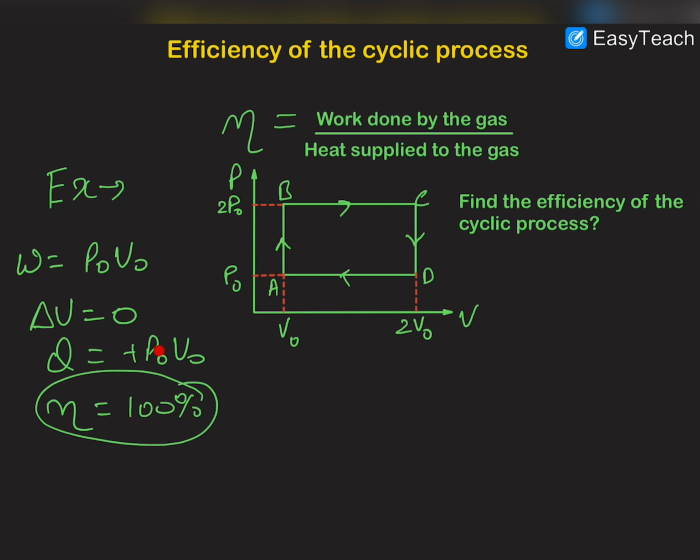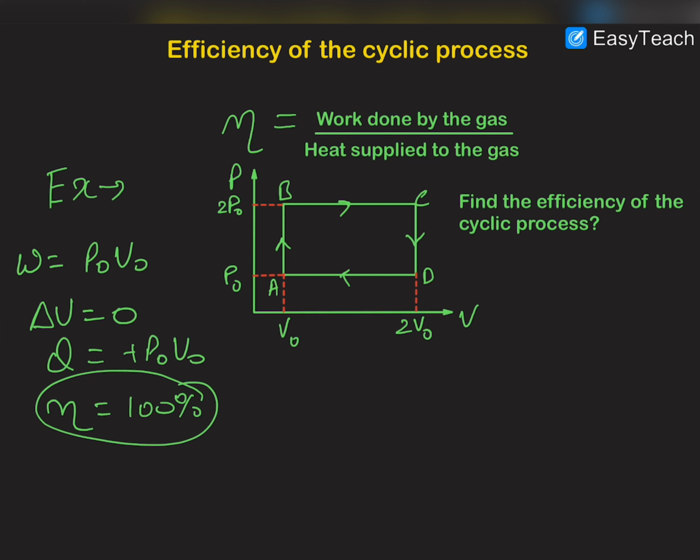In fact, this is the net heat supplied to the gas. For example, if in this cyclic process I have supplied 6 P0 V0 heat to the gas and I have released 5 P0 V0 heat, then the net heat would be P0 V0.